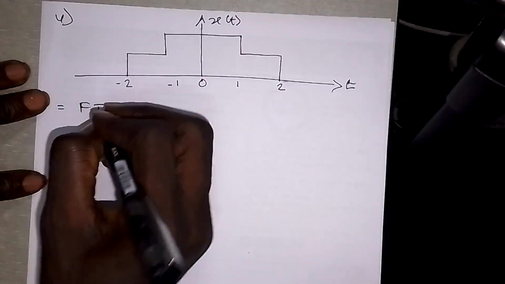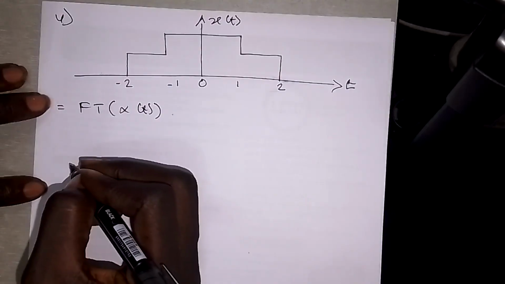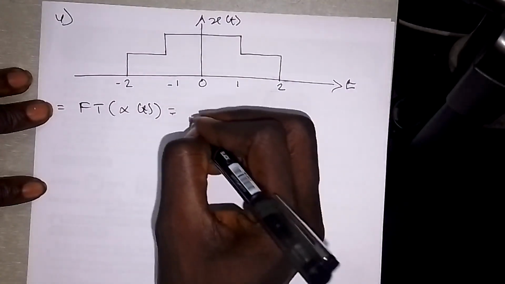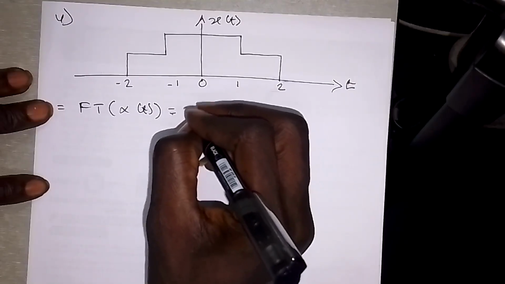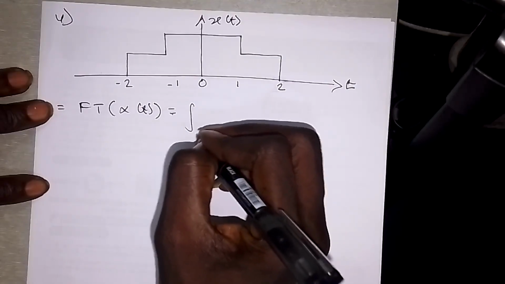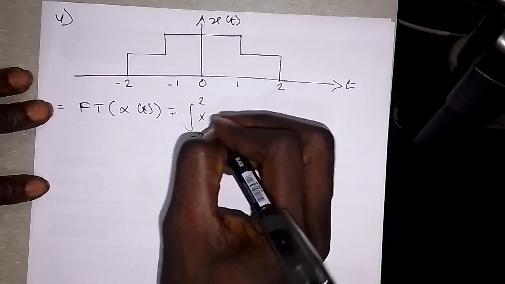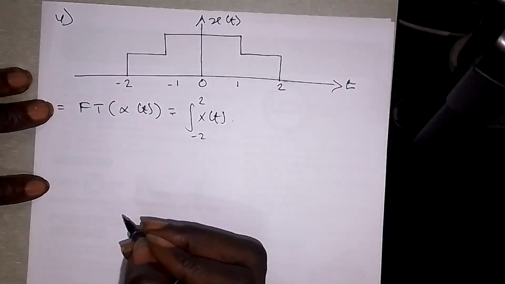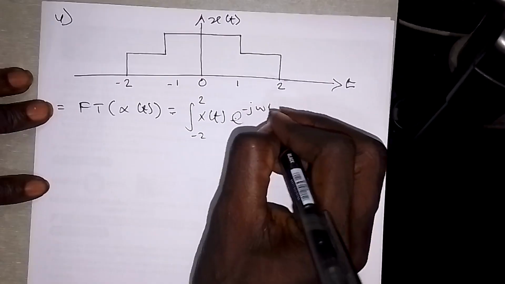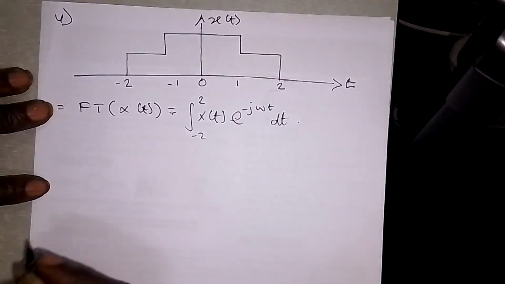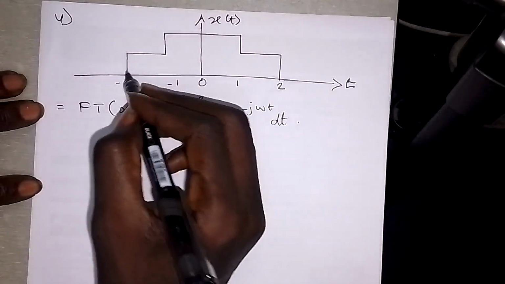So the Fourier transform for x of t is going to be equal to the integral from, let's say, -2 to 2 of x of t e exponent minus j omega t dt.